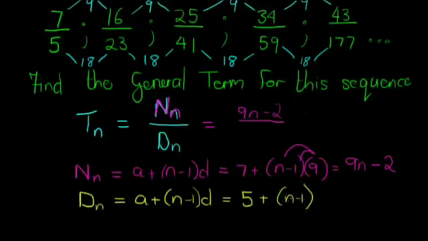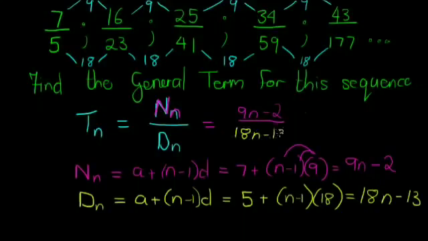We keep the n because we're busy with the general term, and my constant difference is 18 this time. So if I simplify it a little bit, 18n, and then 5 minus 18 gives me negative 13. So 18n minus 13.